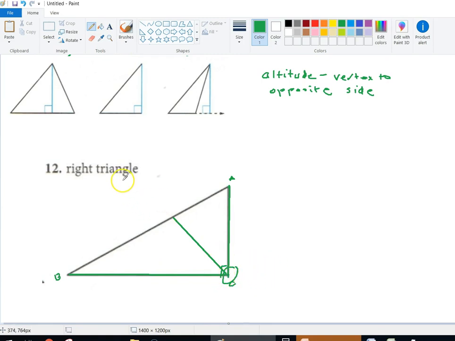So where is the orthocenter for this triangle? Well, it's at the vertex of the right angle.